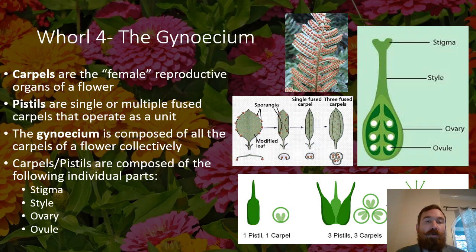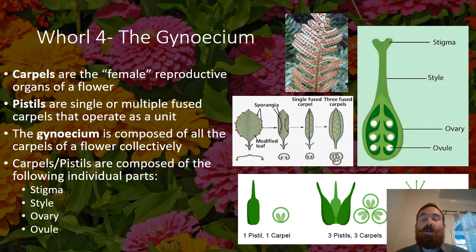Okay, our fourth whorl. This is the centermost whorl of the flower, and they're the female reproductive organs of a flower. The reason I say female in quotations is that male and female for plant reproduction are not equivalents of male and female parts for animals.